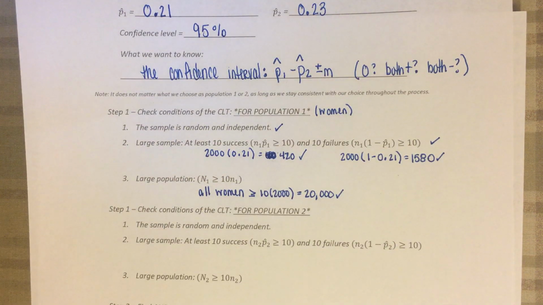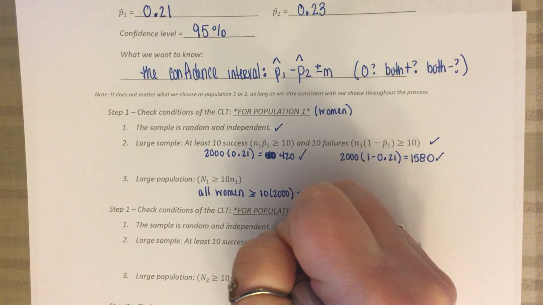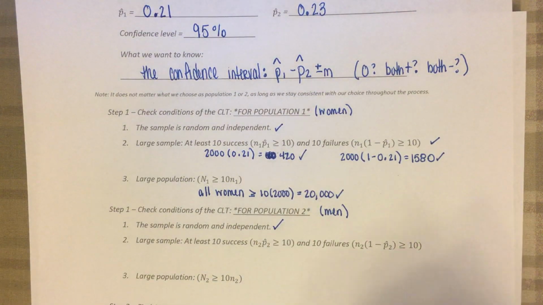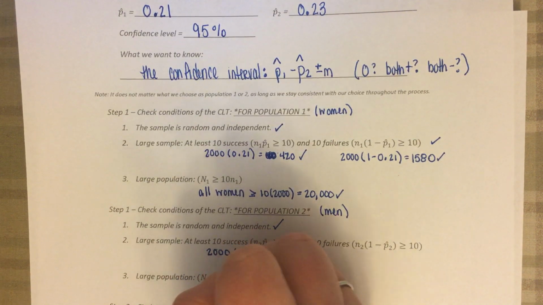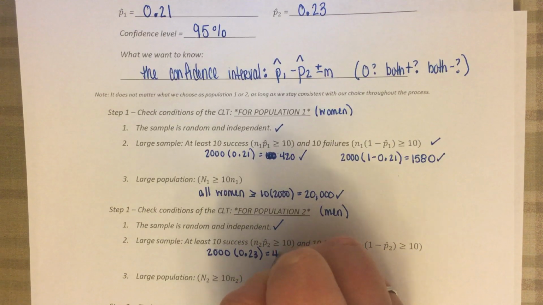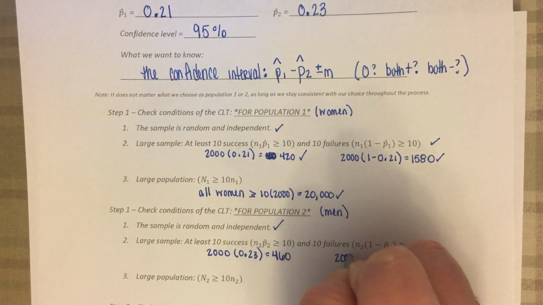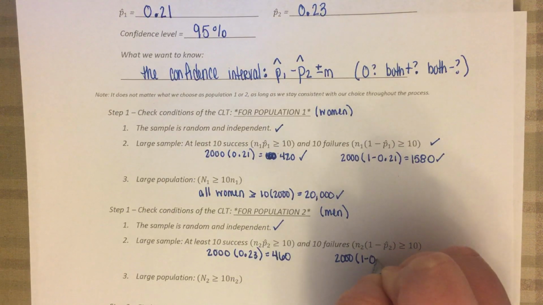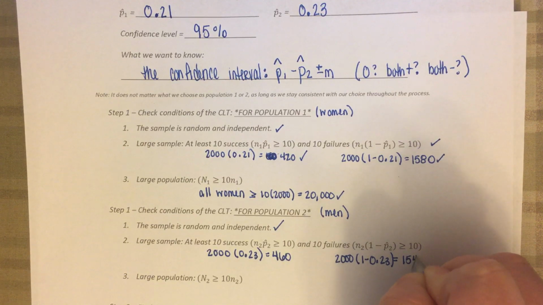Now we check our conditions for population 2. Here we are looking at the population of men. Random and independent: yes, we're going to assume that that's true. There were 2,000 men sampled, times 0.23 gives us 460. Then our number of failures, 2,000 times 1 minus 0.23, gives us 1,540.